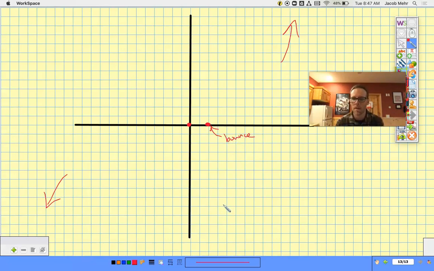There we go. So now can I put the behavior at the x-intercepts together with the end behavior to make a graph? Well, I know I have to start down here. And I'm not interested in a lot of details. I'm just talking about a general sketch of the graph that includes the end behavior and the zeros.